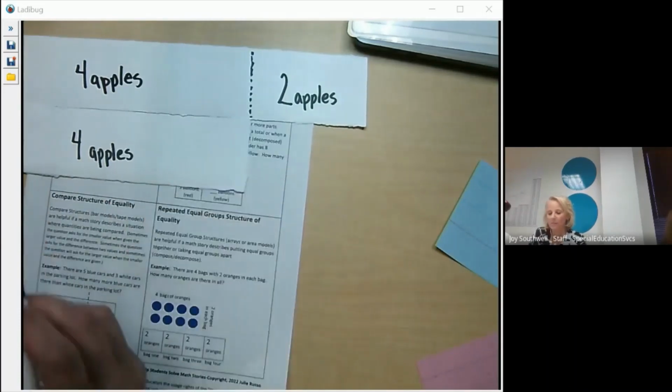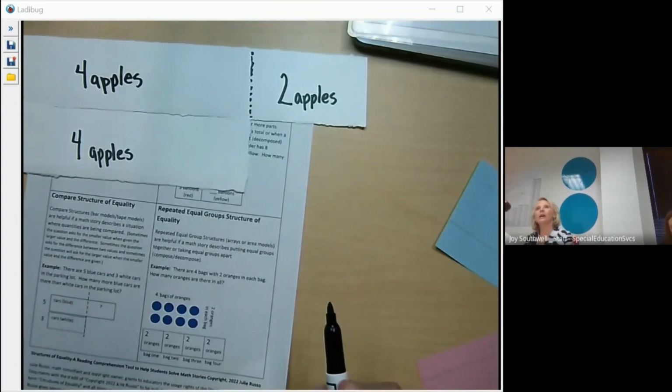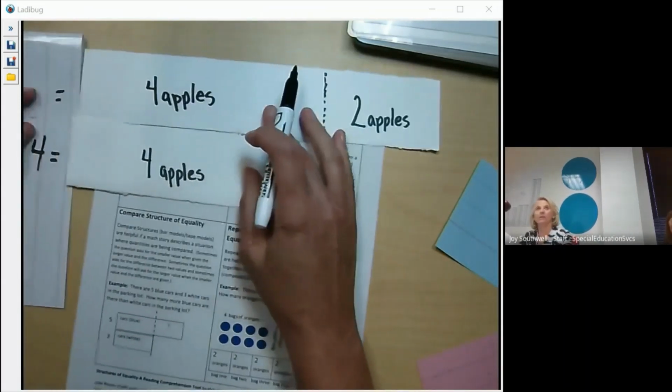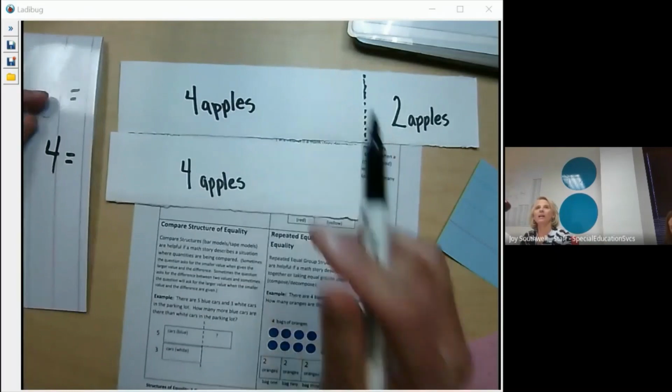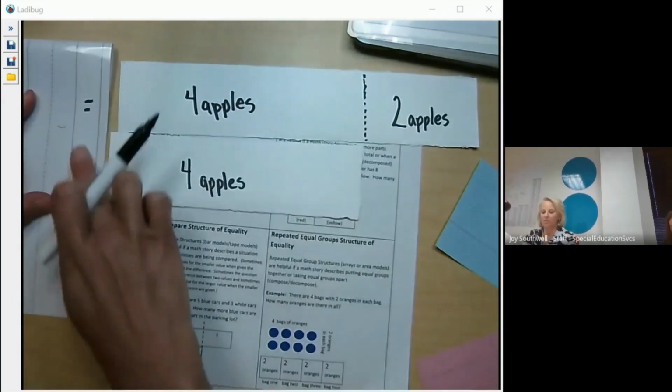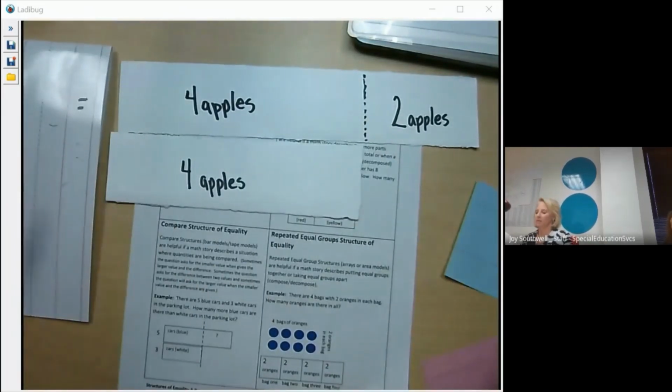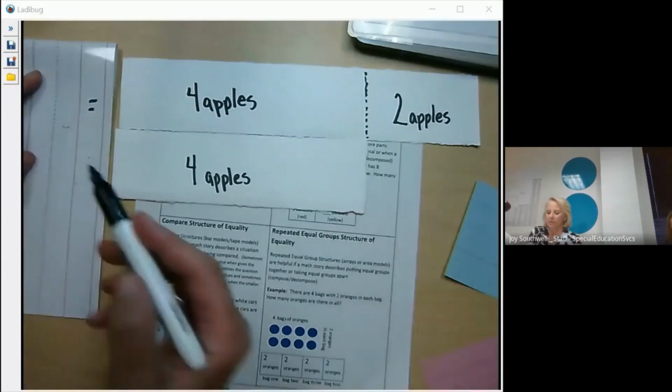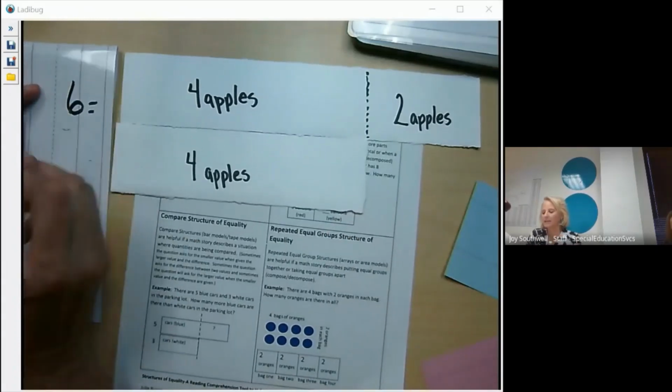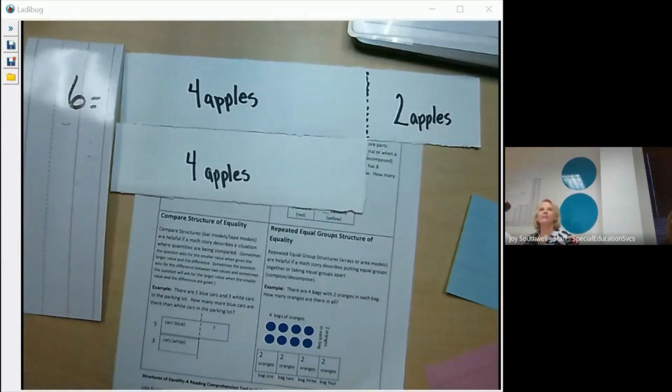So I like to put my total out here to the side. My total's out here to the side on comparison. This one doesn't need it, but the top bar needs it. So that when I'm doing this, I can say that 6 is decomposed into the more, which I told you, Joy had 2 more apples than I did.